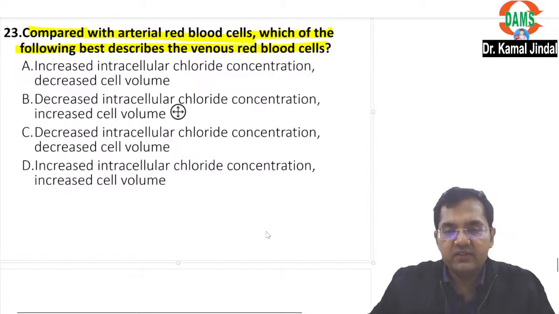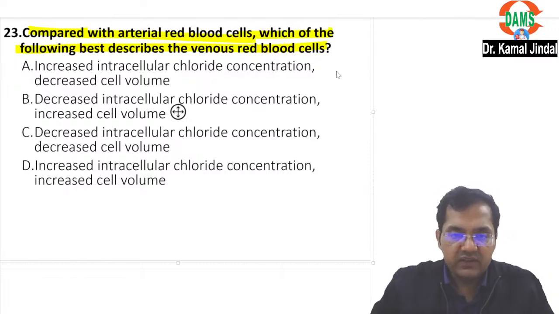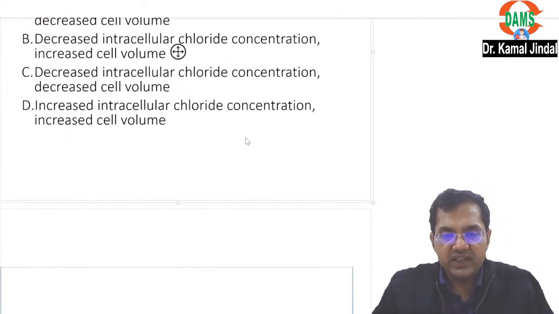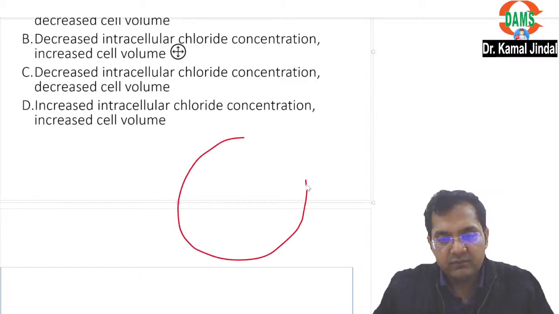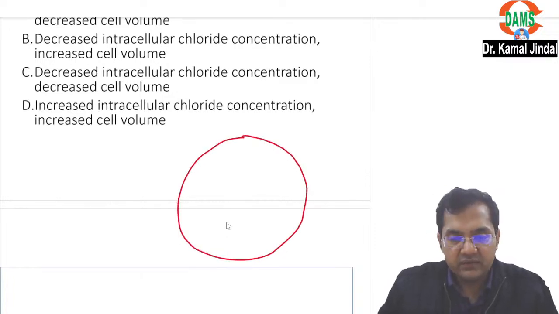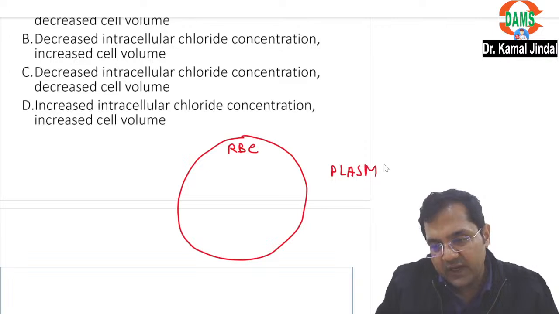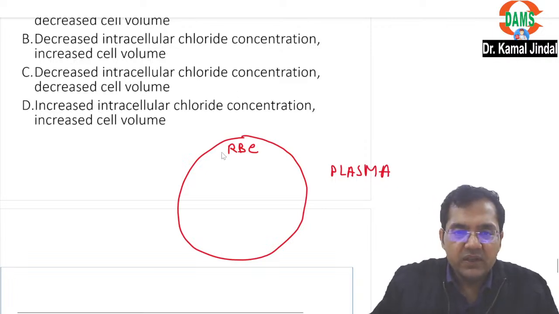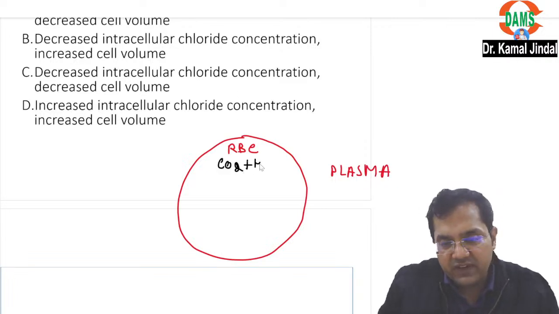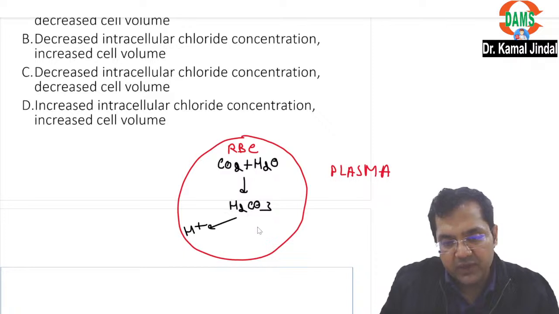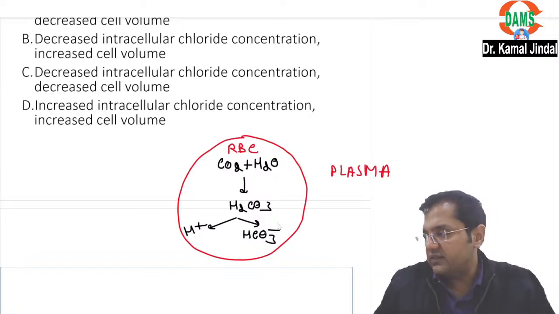See, what happens here is, suppose this is a representation of the RBC. This outside is my plasma. Inside the RBC, this reaction occurs: CO2 combines with water to form H2CO3, which splits into H plus and HCO3 minus.